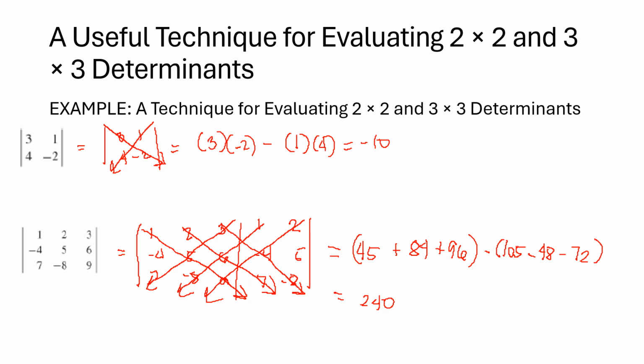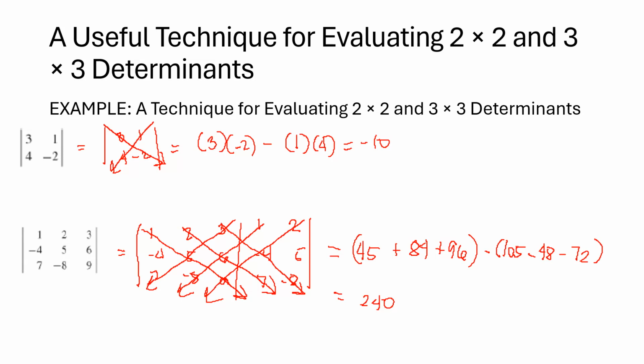So for this video, we have discussed the determinant, the minor, the cofactor, and the cofactor expansion. It is expected that you can find the minors and cofactors of a square matrix, and use the cofactor expansion to evaluate the determinants of a square matrix.